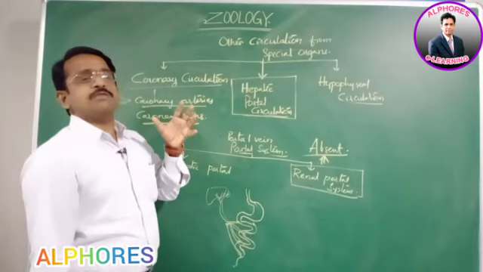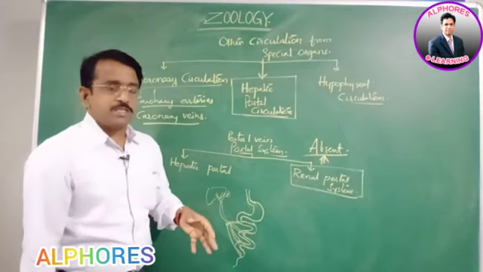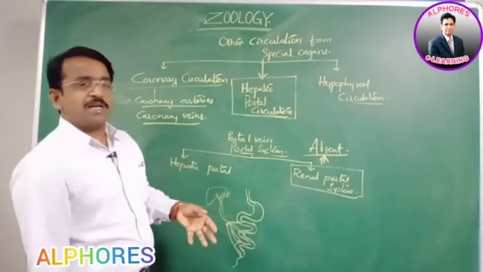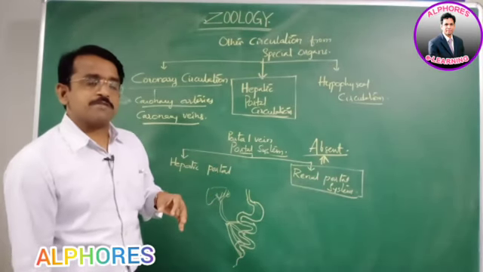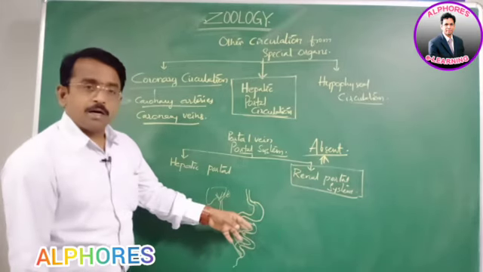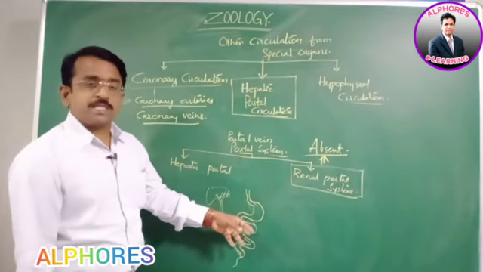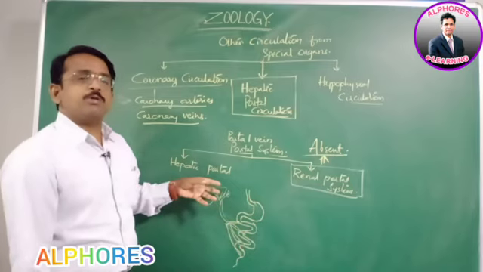And what is the function of this hepatic portal system? What we eat and what we drink is first checked in the liver, as we have discussed, the first check post. The glucose which is excessively present, which we have taken, is converted into glycogen in the liver.